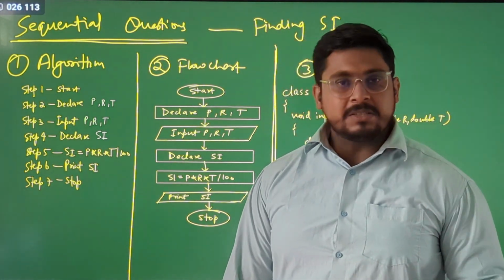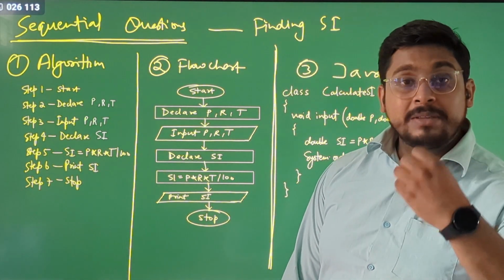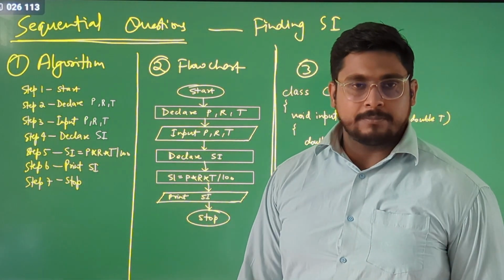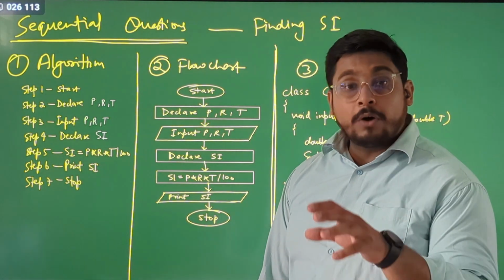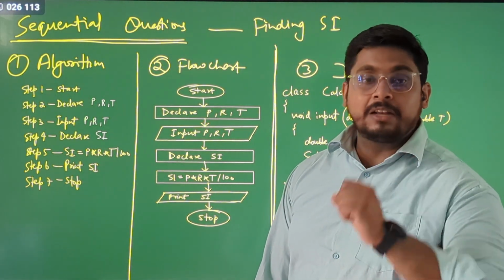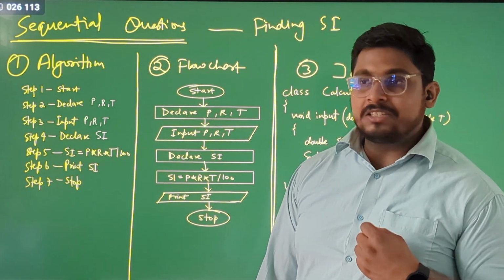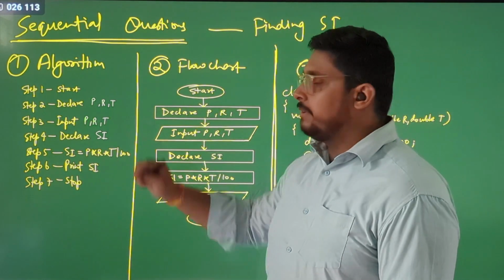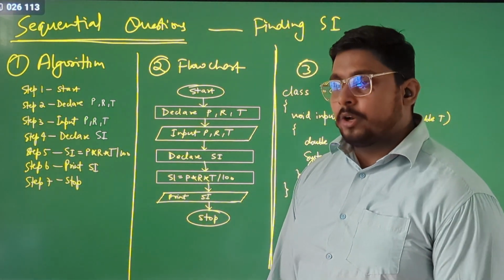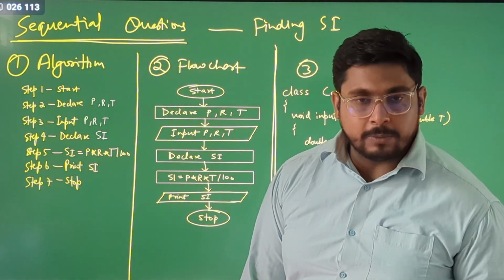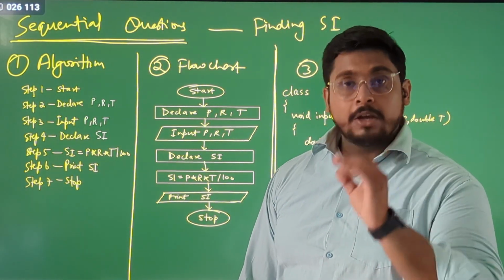Means I declare that P, R, T and SI are the variables of the program, and yes, they are going to follow the rules of variables, that is identifiers. I'll teach you later about these things, but yes, इस बात को दिमाग में रखना है कि since these are variables, you cannot use full stop in between them. You cannot use space in between them.